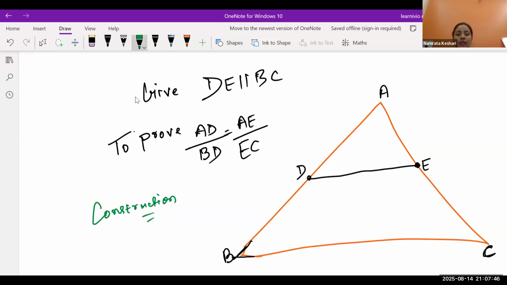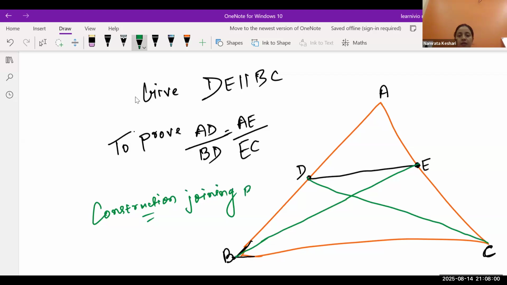We will be joining B with E and D with C. Joining B and E as well as the vertex C and D. Okay, and two more constructions are there.